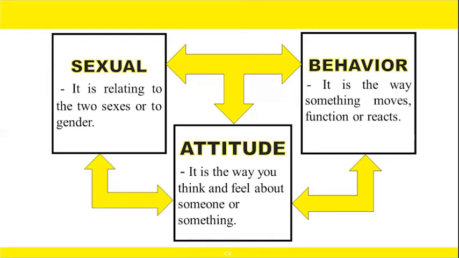Precisely, sexuality of an individual directs the individual's attitude and behavior. Although being a man and a woman differs their perspective of human sexuality, sexuality, attitude, and behavior are interrelated because somehow an individual will create or think action based on this aspect.